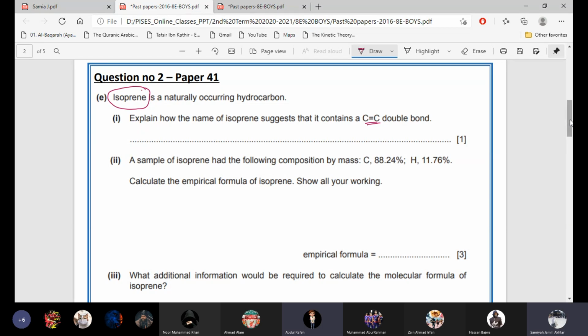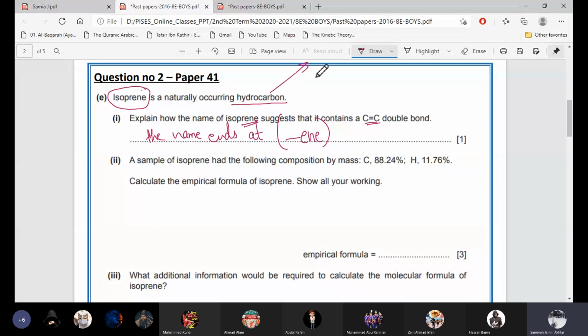Ma'am, the E and N E at the end. Very good. Yeah, good answer. The name ends at "ene." So if it is "ene," it means that a double bond is present.